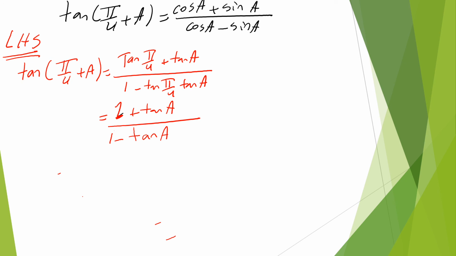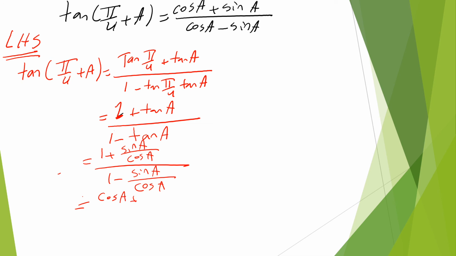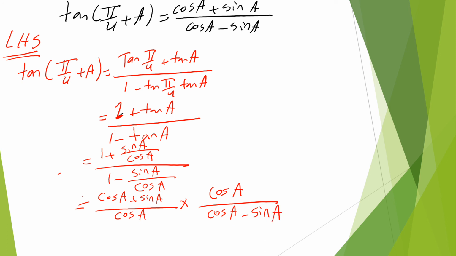So I open up: 1 plus sine A over cosine A over 1 minus sine A over cosine A. Now take a common denominator on the top, so I end up with cosine A plus sine A over cosine A, and the same on the bottom, cosine A minus sine A over cosine A. Flipping the fraction at the bottom and simplifying, I end up with cosine A plus sine A over cosine A minus sine A, which is what I want.